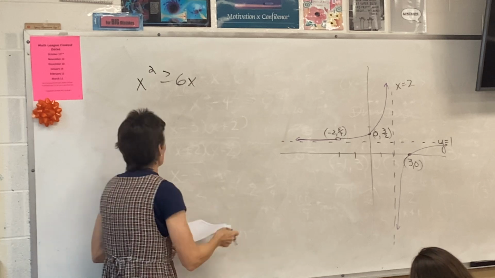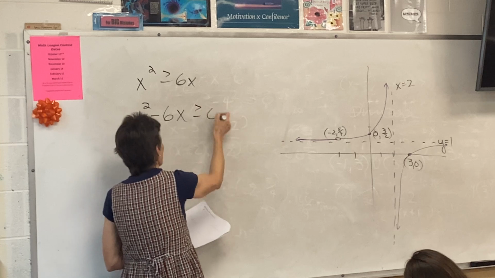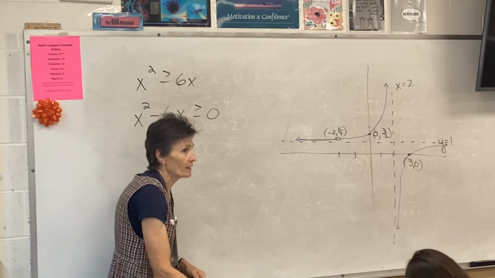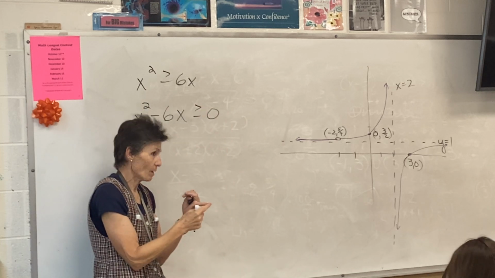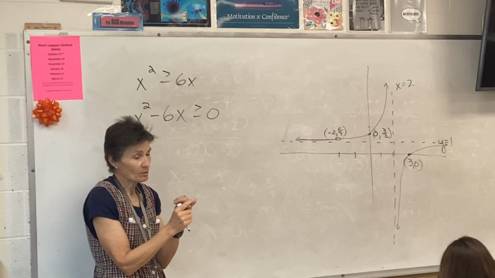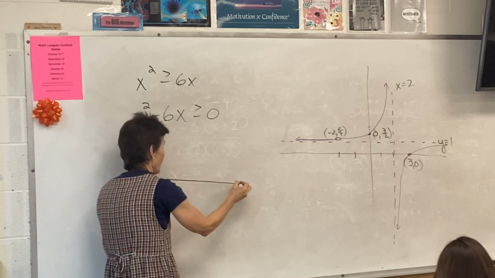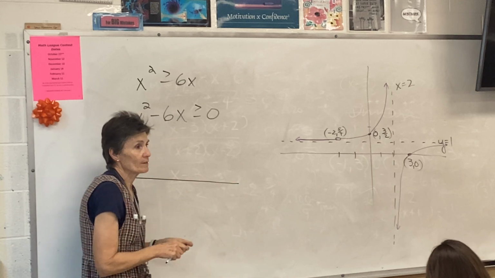Move the 6 over, absolutely. What are some of the absolutes when we do inequalities? We gotta have a 0 and we gotta have a number line, right? That's what we gotta have. So I got my 0, now I'm gonna do my number line. I gotta figure out where the dots go.